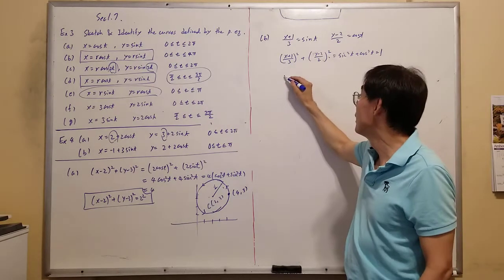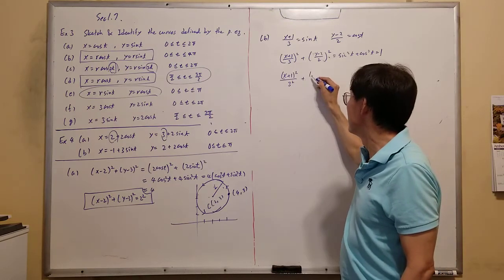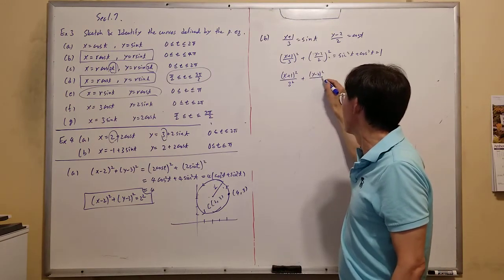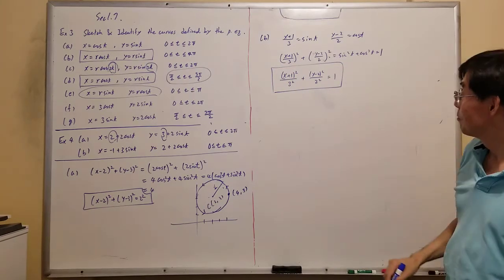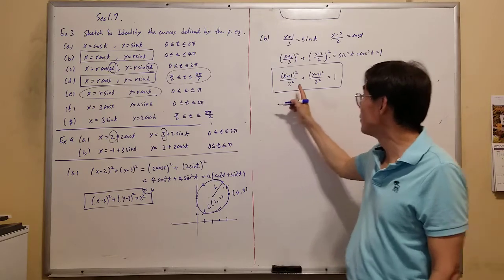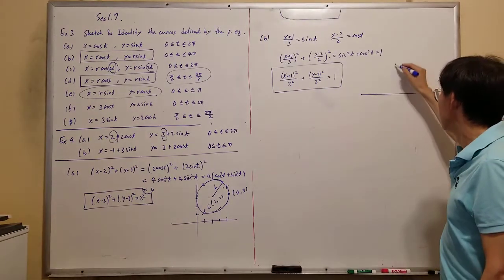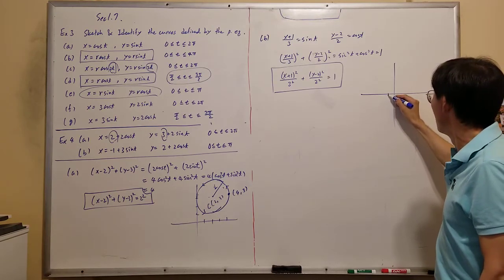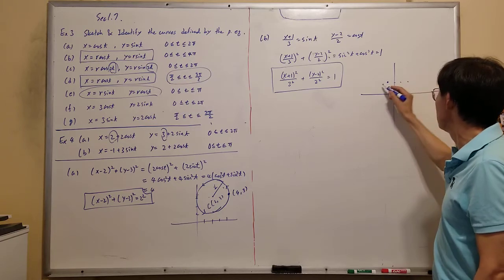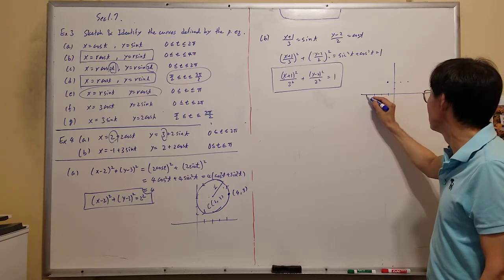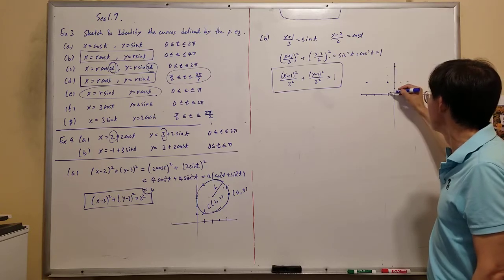So you have x plus 1 squared over 3 squared plus y minus 2 squared over 2 squared equals 1. This is the same ellipse. Plus minus 3, plus minus 2, but your center will be -1 and 2. From there, 3 to the right, 3 to the left, 2 up, 2 down.